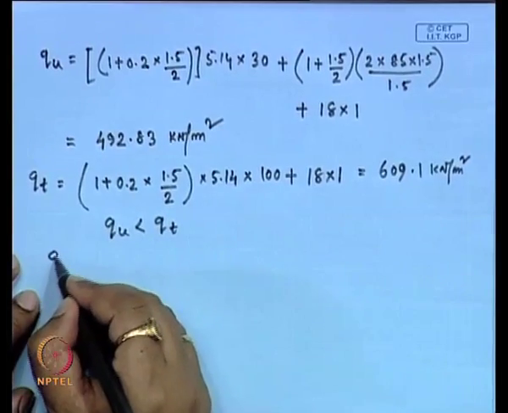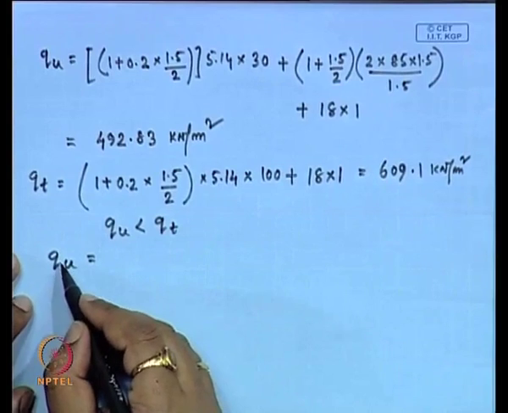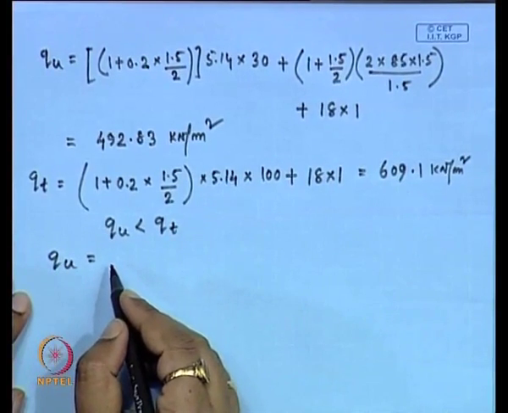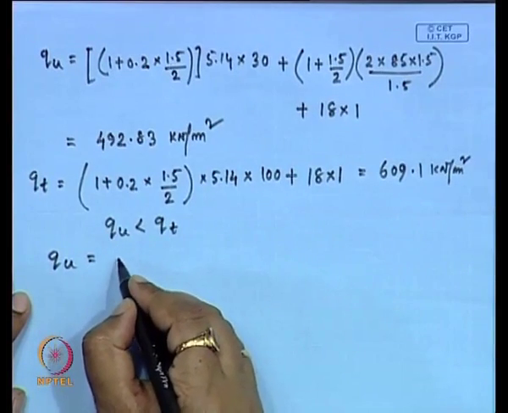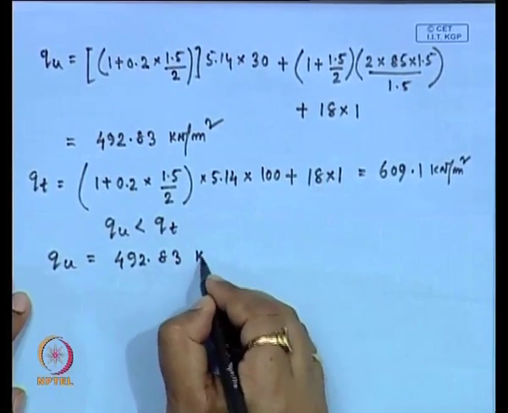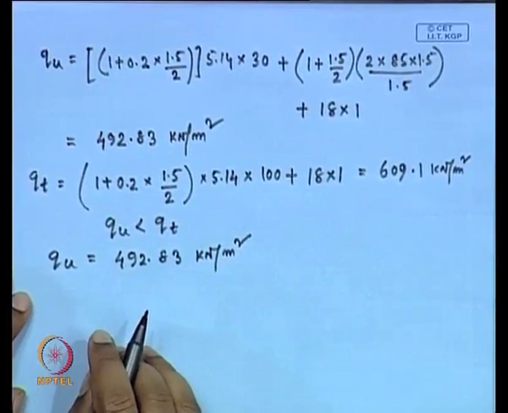So, we can write that Qu, the ultimate load carrying capacity of this foundation resting on this layered soil, is 492.83 kilonewton per meter square.